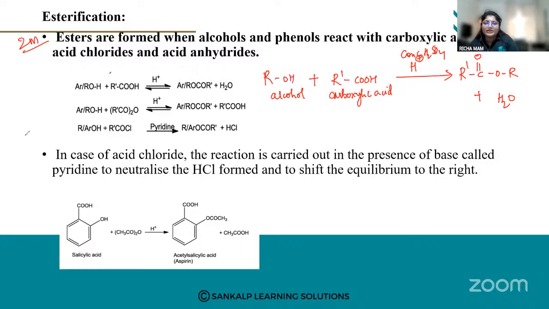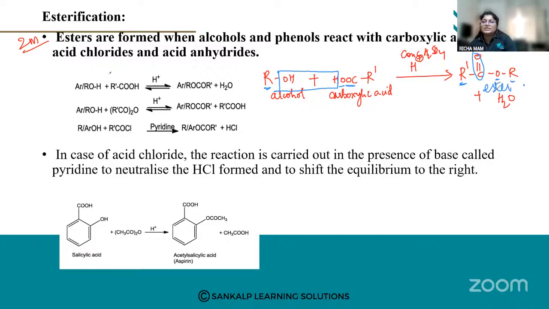Let me rearrange it and write it properly. It can be R dash, H O O C. Now just see how the elimination takes place. Water is eliminated, and this is R dash, C double bond O, and O, and this is R. So it is an ester.